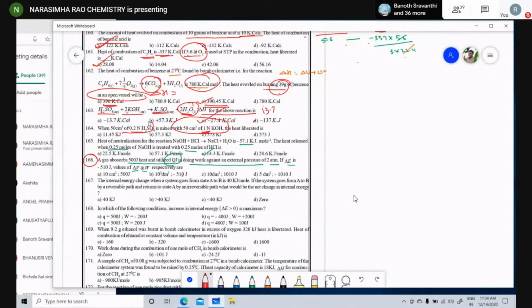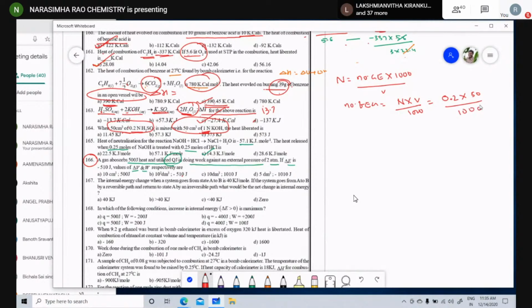Normality is equal to number of gram equivalents into 1000 upon V. Now, number of gram equivalents is equal to normality into volume upon 1000. 0.2 into 50 upon 1000. 20 times 10 power minus 2, so 0.01.